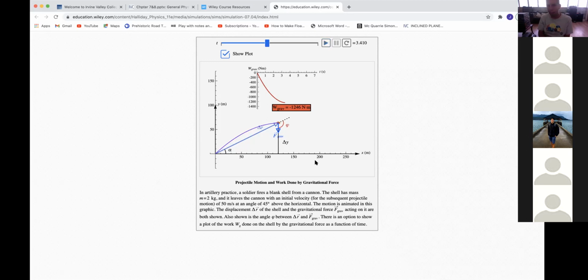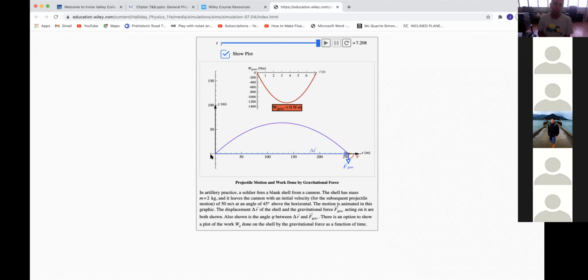Then, as it begins to descend, gravity is going to start doing positive work, right? So the slope of this is going to be positive. And eventually, gravity will have done 0 work when it comes back, which is weird.